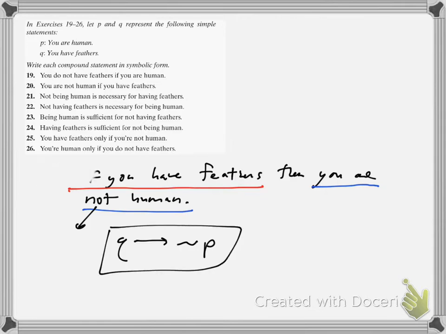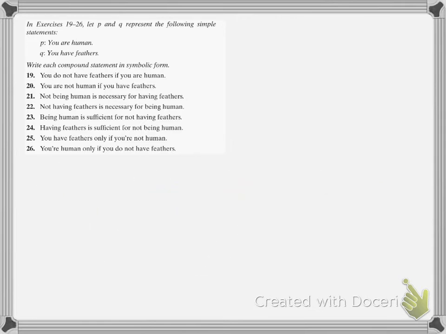Okay, let's erase. Let's do the next one. Just getting some practice on some of these and writing them. Let's do 22. Not having feathers is necessary for being human.